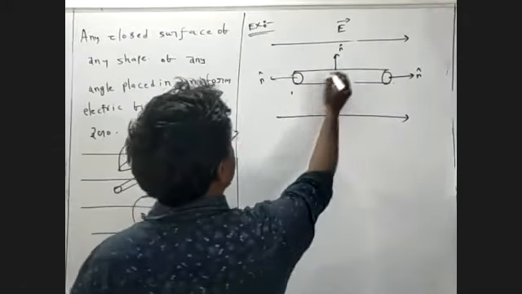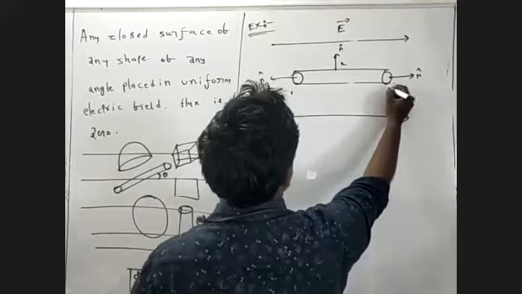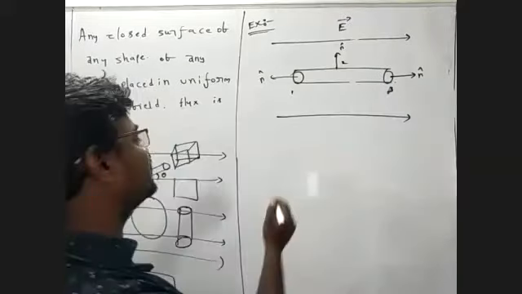Now we will see the direction of the electric field. This is the first point, second point, third point. We have to calculate the flux.